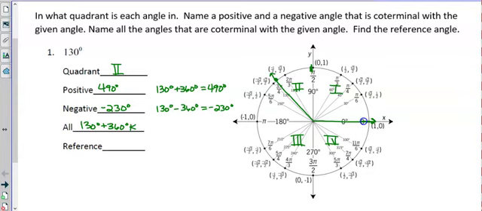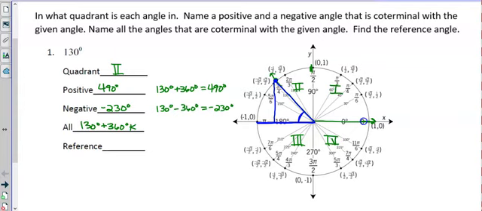Okay, and then reference angle. I think reference angle is one place where students tend to get a little stuck or end up with the wrong answer somehow. For reference angles, you always want to start with a horizontal line. So I'm going to draw in a horizontal line, and then you are going to take your terminal side and drop that down like that. Well, you don't even need that vertical line really, but your reference angle is always between a horizontal line and your terminal side.